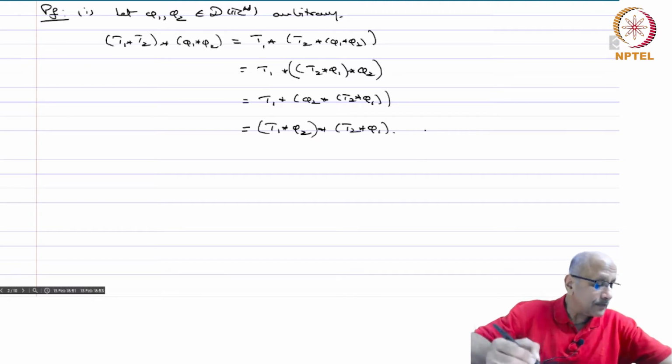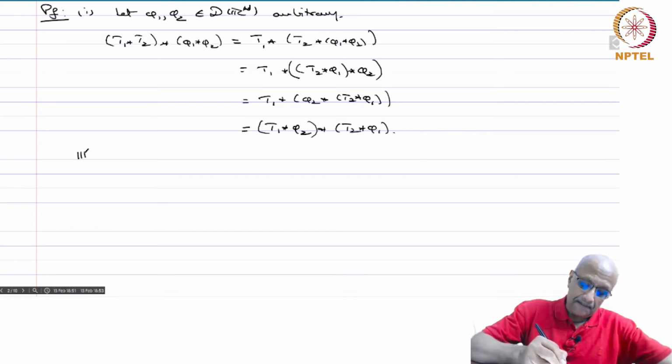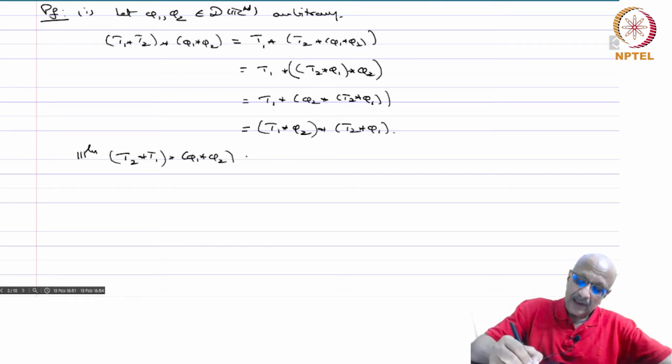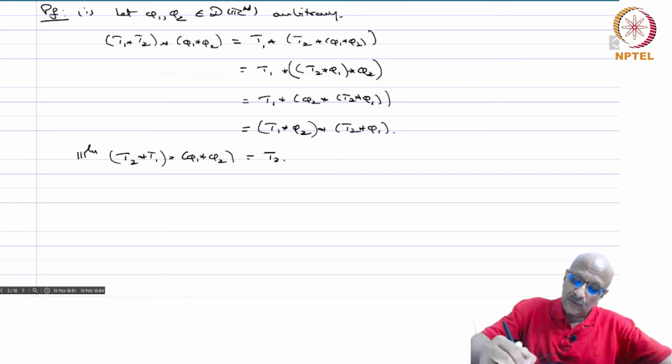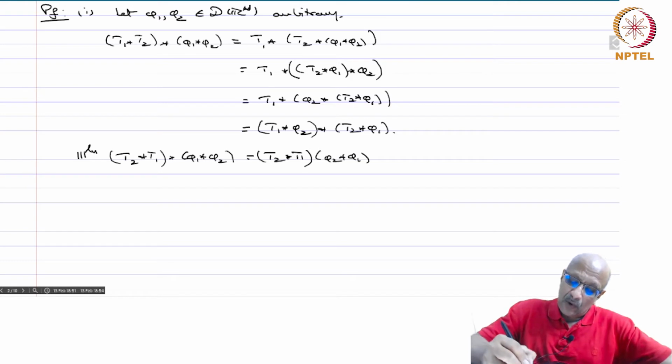Okay. Similarly, (T2 star T1) star (phi 1 star phi 2) is equal to T2 star (T1 star (phi 2 star phi 1)), and now going by what went, you have first with the second and second with the first.